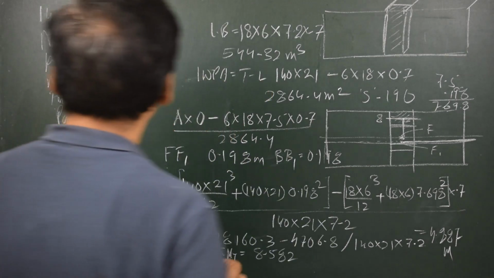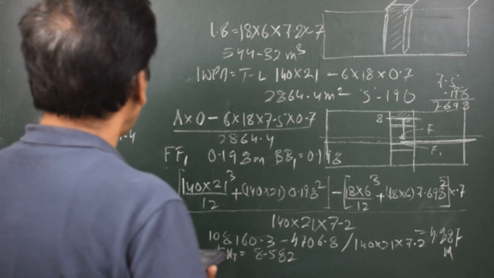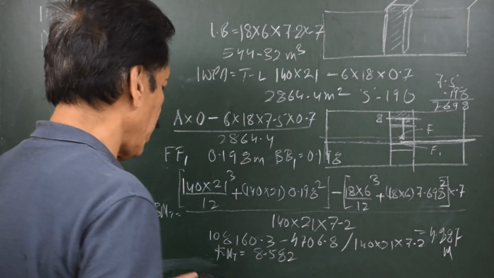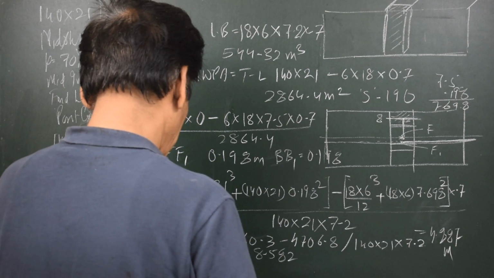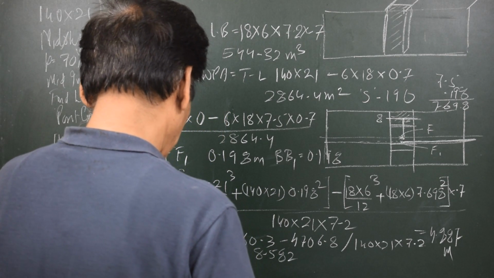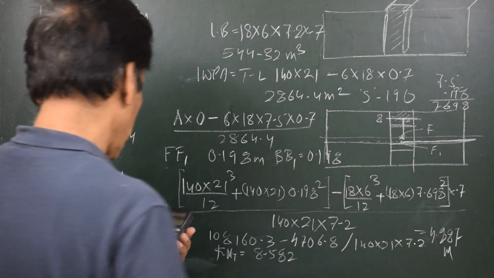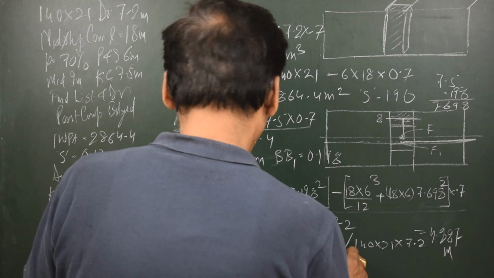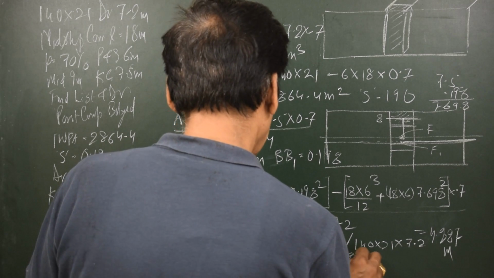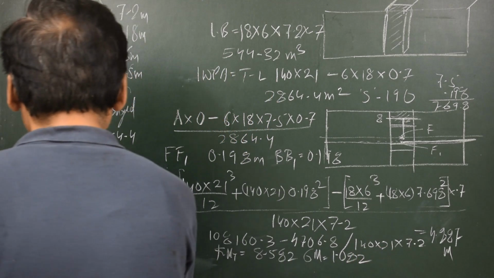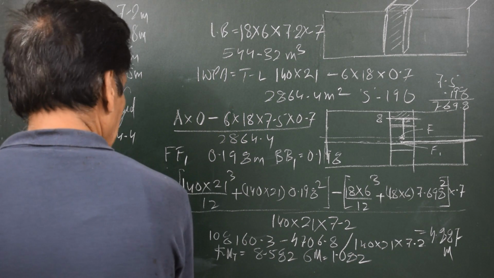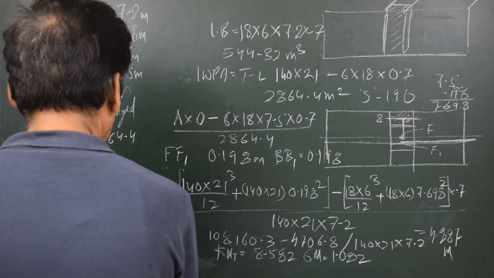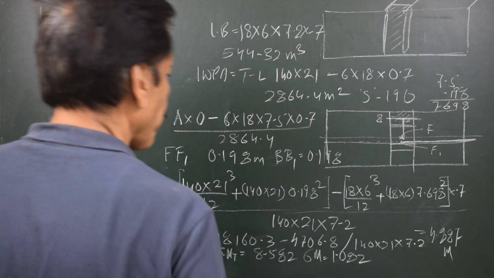If I minus the KG, KG is unchanged, 7.5 meters, so I subtract 7.5 from this, I get 1.082. The GM transverse is 1.082 meters.